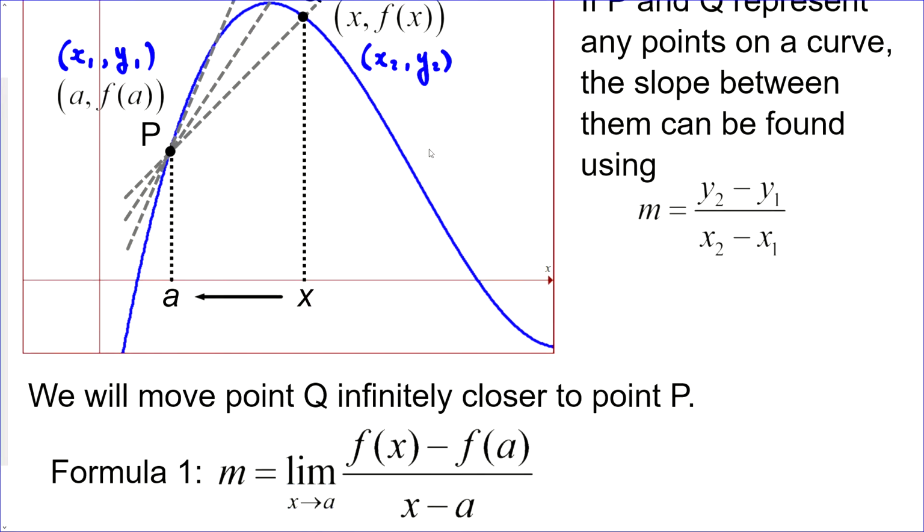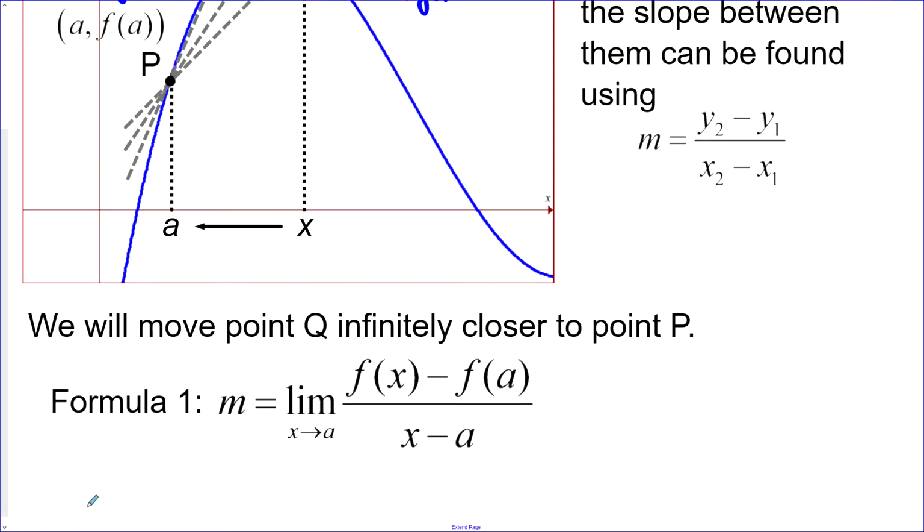So down here, we're going to take our y2, which is f of x, and minus y1, which is f at A, and then x2 minus x1, which is x minus A. And then we're going to do a limit. So we're going to say the limit of all of this as x approaches A is going to be the slope of the tangent. And this is going to be called Formula 1.